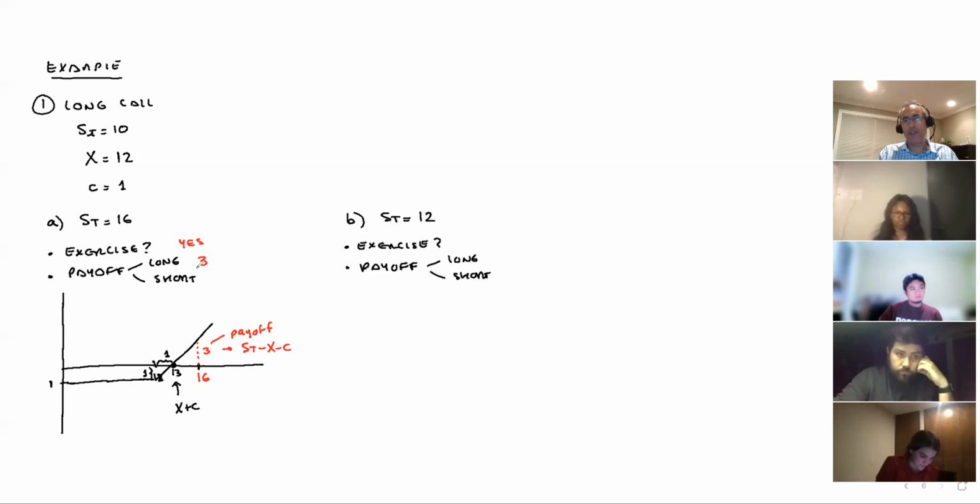Long, the payoff is 3. What is my short payoff? Remember, it's a mirror image. Do you agree? So this is going to be minus 3. Do you agree with me or not, guys? So if you want to do the graph, this is going to be 1. And then this goes back like that. And so this part here should be minus 3.